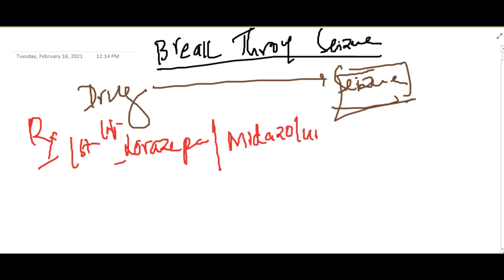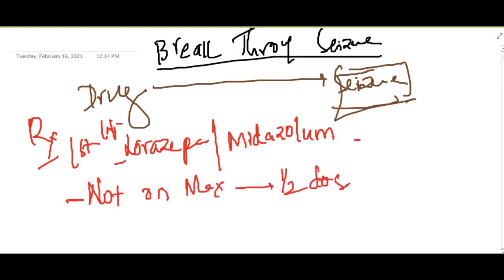If the child is not on the maximum dose of anti-epileptic drugs, then give half of the loading dose of the same anti-epileptic drug which she is using.